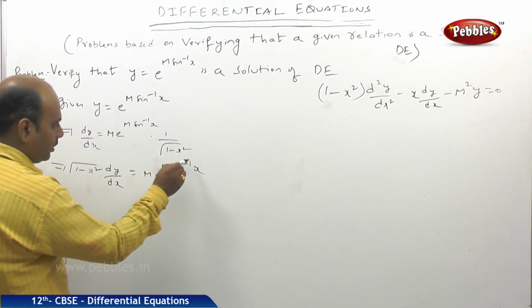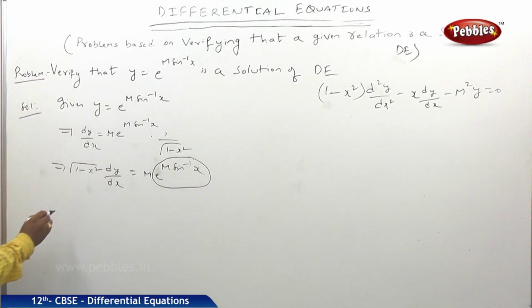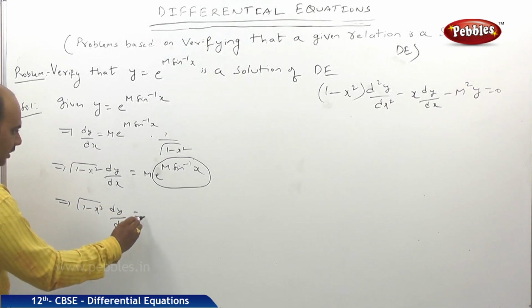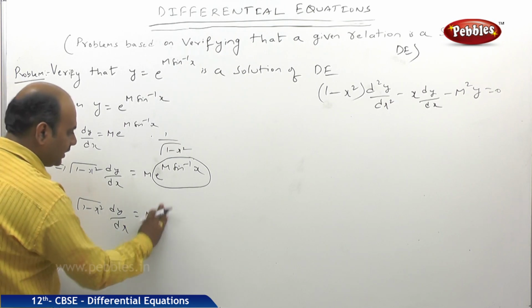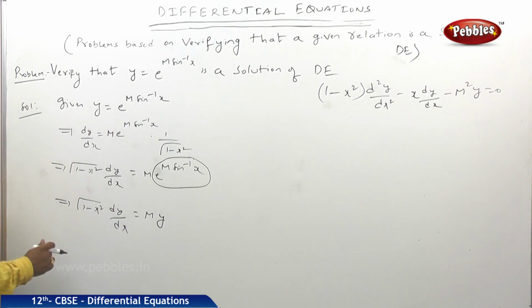But if you observe carefully, e power m sin inverse x is nothing but y. So under root of 1 minus x square dy by dx is equal to m into, I can write directly, my, because e power m sin inverse x is nothing but y. Now I'll be squaring on both sides.